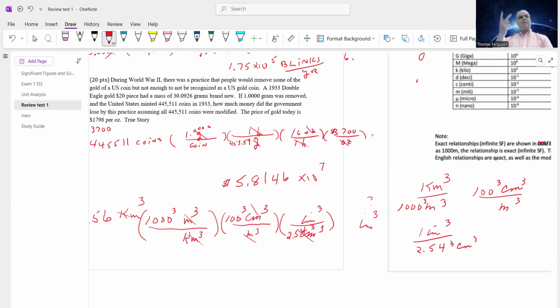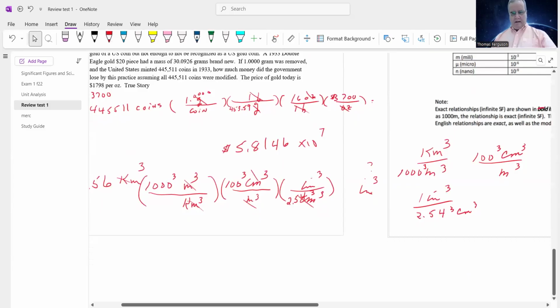Now you can do this problem one or two ways. We can do the conversions and then plug in those numbers, or we can just do it all together. Let's calculate the conversions and then put them in.